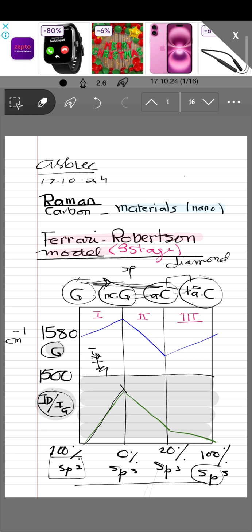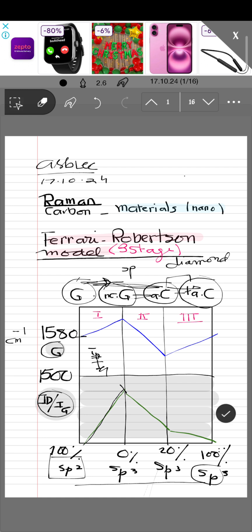Again, after this nanocrystalline graphite stage has been reached, it shows a decrease. That means it is now following the TK model, up to a certain concentration of sp3 carbon.